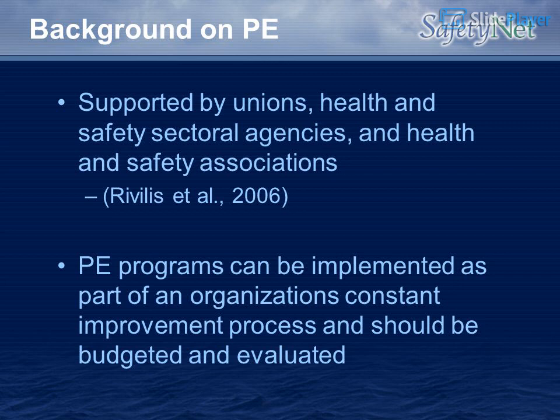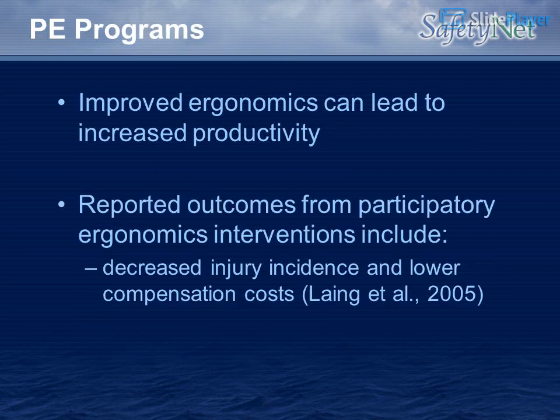Rivelis et al., 2006: P programs can be implemented as part of an organization's constant improvement process and should be budgeted and evaluated. Improved ergonomics can lead to increased productivity. Reported outcomes include decreased injury incidents and lower compensation costs, Laing et al., 2005.